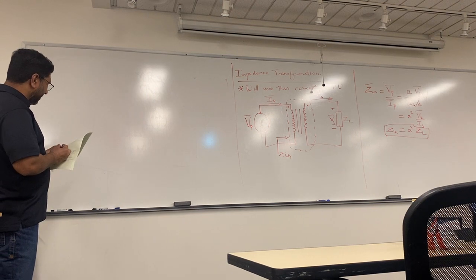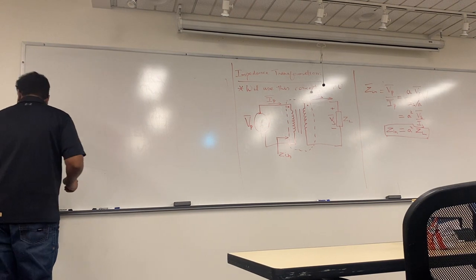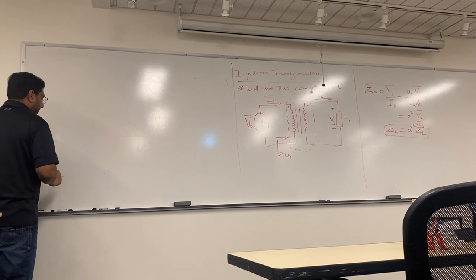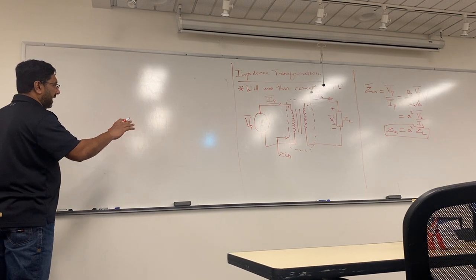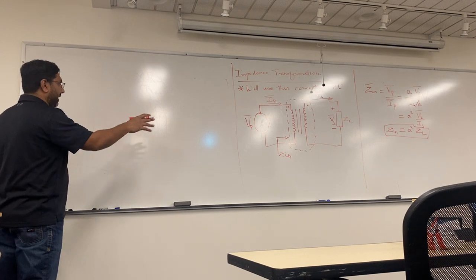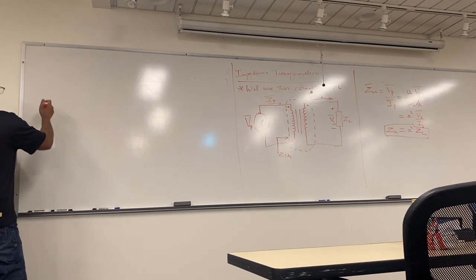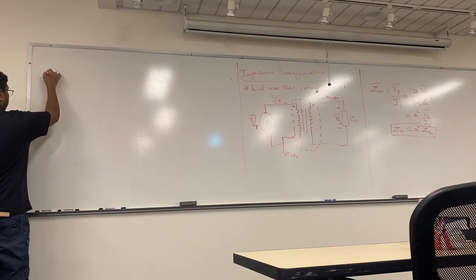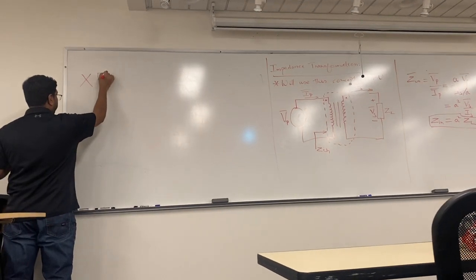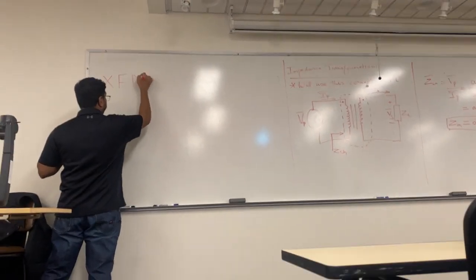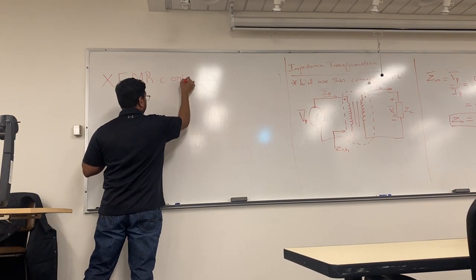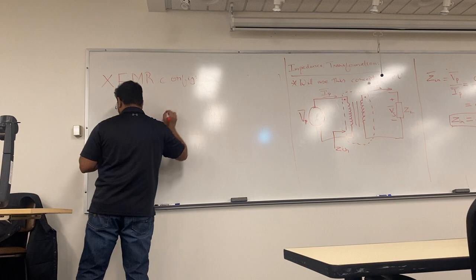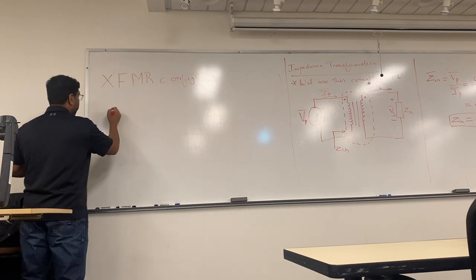So anyways, now we just saw a sort of complicated transformer configuration that I was showing in that PDF. But for our purpose, let's just start off with easier configurations. So the first one is pretty simple.